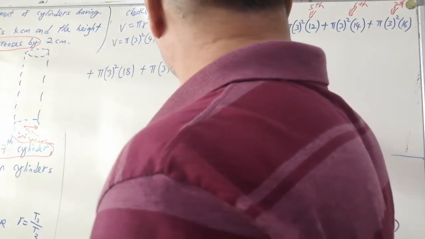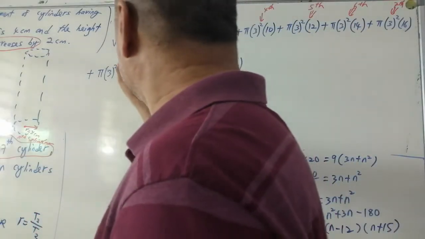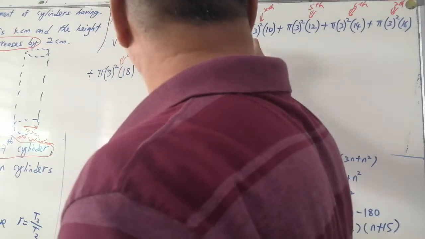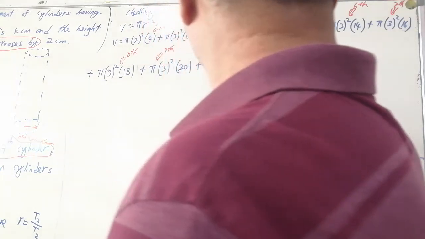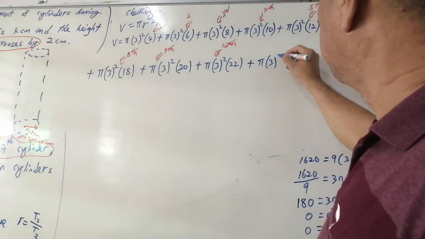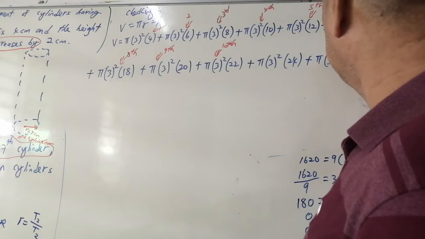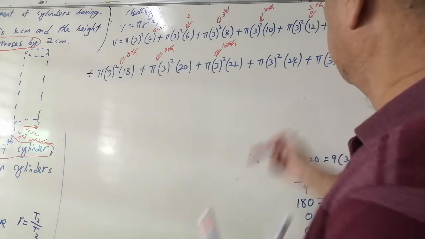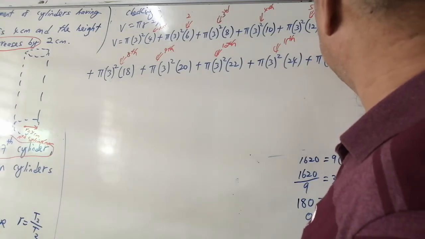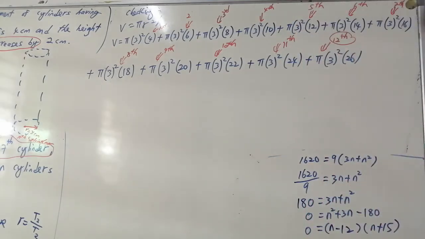Plus pi, 22. This one will be the 8th cylinder, 9, 10. Still not enough. Increased by 2, 24 plus pi 3 squared. Enough already. This one is cylinder number 11, cylinder number 12. Now, 12 cylinders, so the answer is 12.